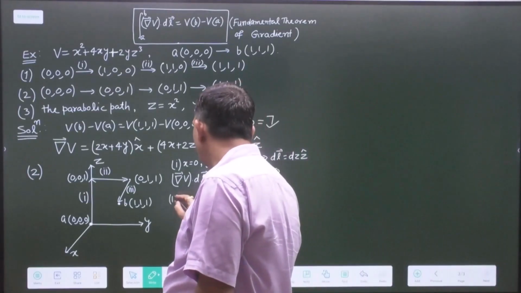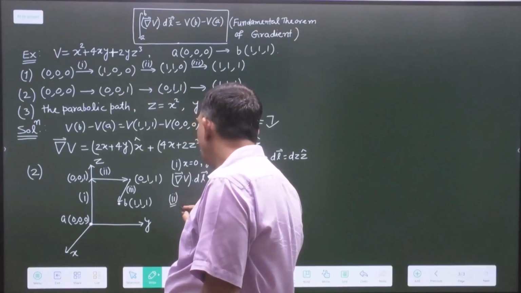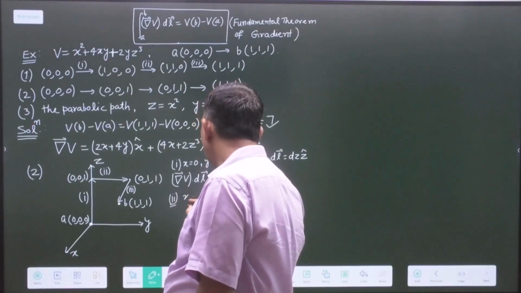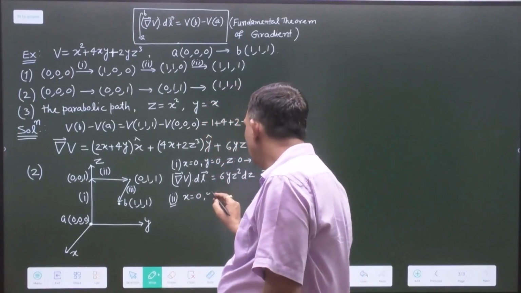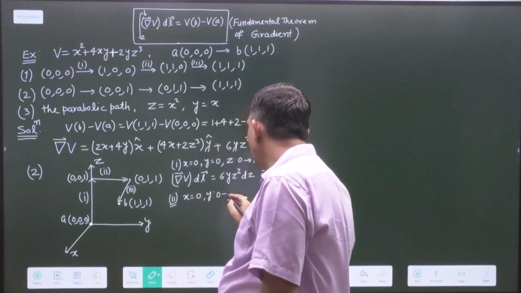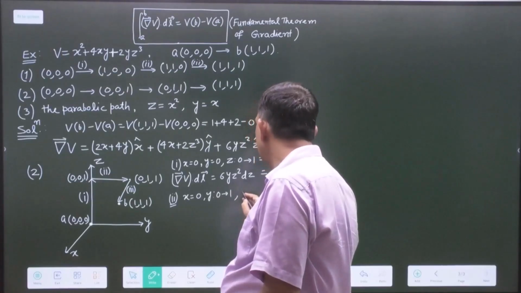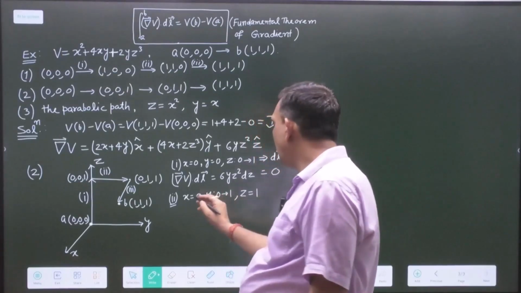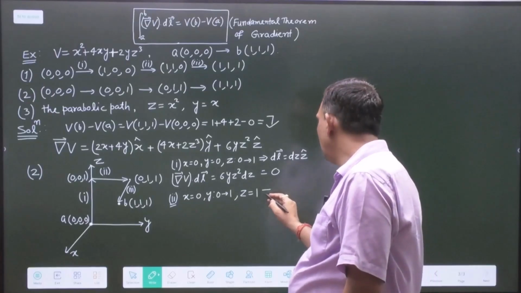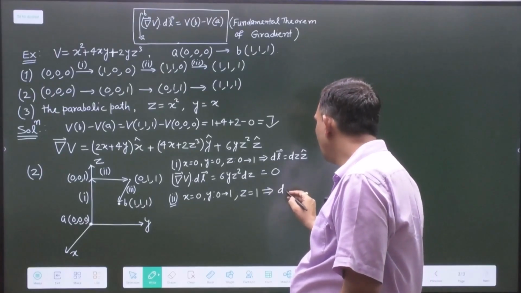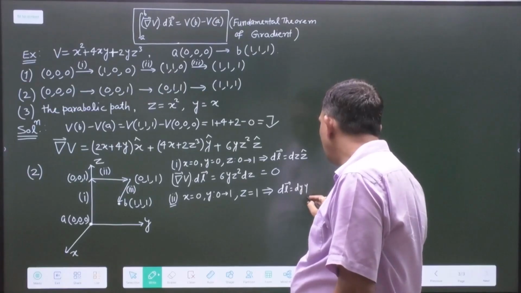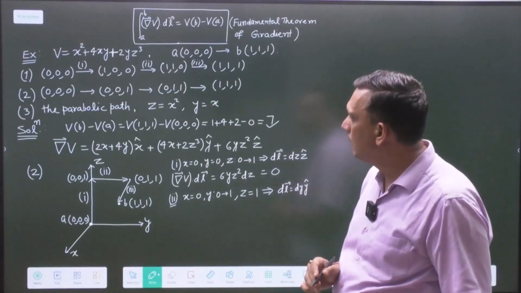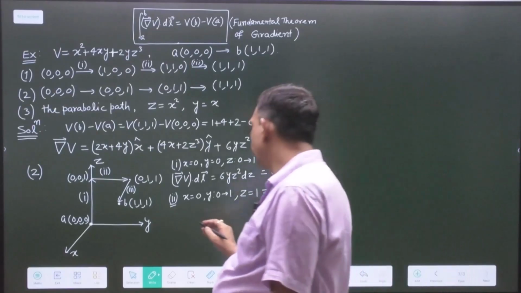Now segment 2: x is 0, y goes from 0 to 1, and z is 1 here. So again dx and dz are 0. So this will give you dl is dy y cap.